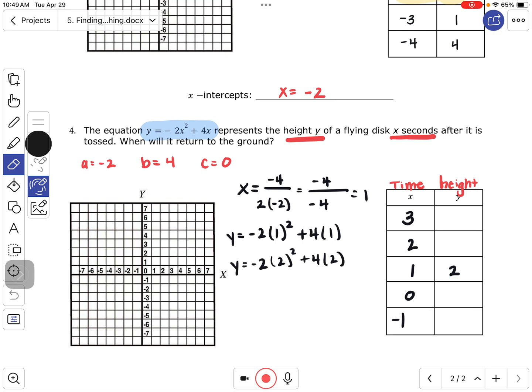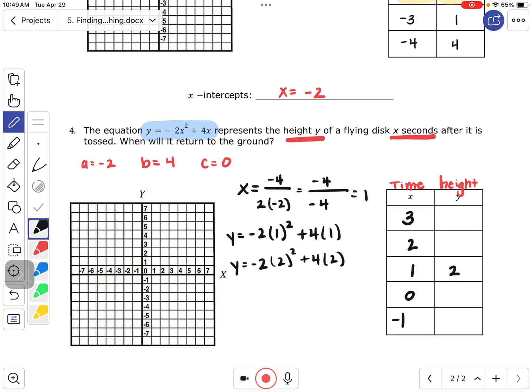Okay, because we put it across, because we had that 2 in our parenthesis, we want our 0 right here. Okay, and then y equals, I'm going to say -2 parenthesis 3 squared plus 4 parenthesis 3. Okay, when I put a 3 in there, I get a -6. So those two are going to be zeros, and this is going to be a -6.